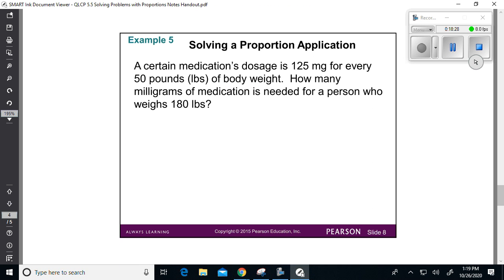Alright, so one more example. A certain medication's dosage is 125 milligrams for every 50 pounds of body weight. How many milligrams of medication is needed for a person who weighs 180 pounds? Those of you who are doing anything medical related, they give you ratios like this, you gotta follow them.